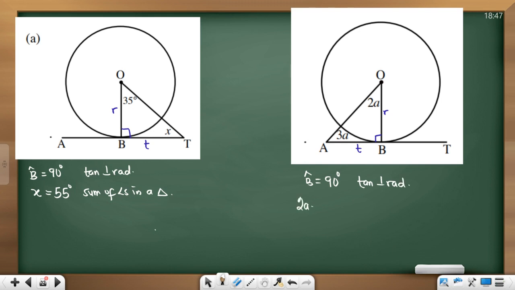Therefore, 2A plus 3A plus 90 will be equal to 180 degrees, sum of angles in a triangle. Simply, we know that 5A will be equal to 90. And what is A? 90 divided by 5 will then give us 18 degrees. Am I right?